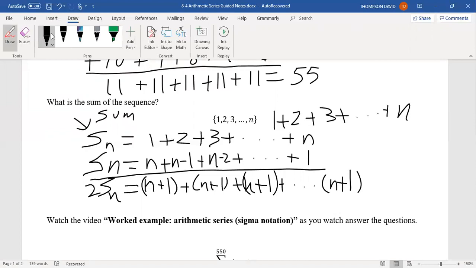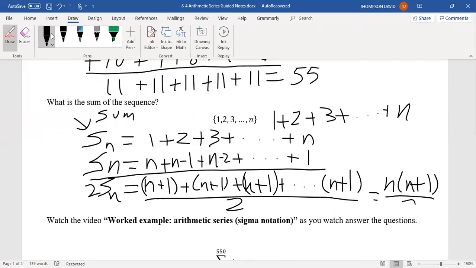So we'll divide it by 2. So my formula becomes n times n plus 1 all over 2. So that's a general idea of our formula. So let's just try that for the previous example.